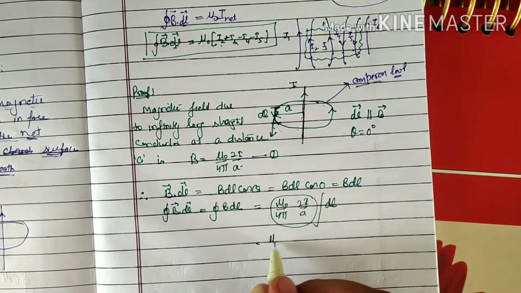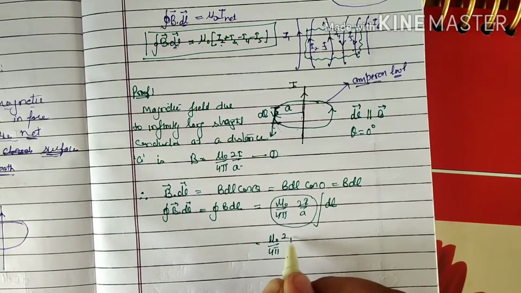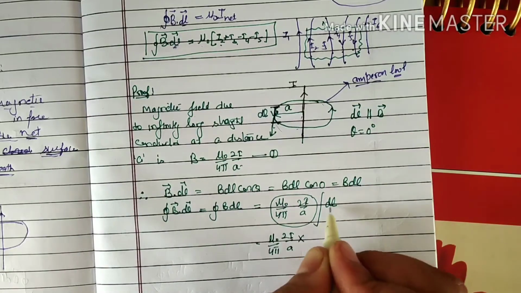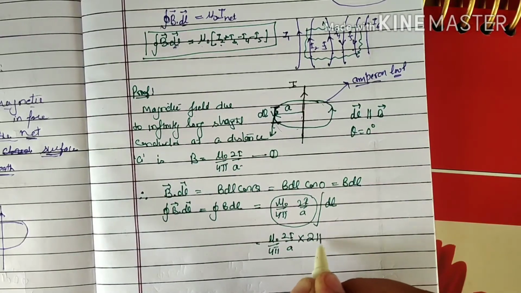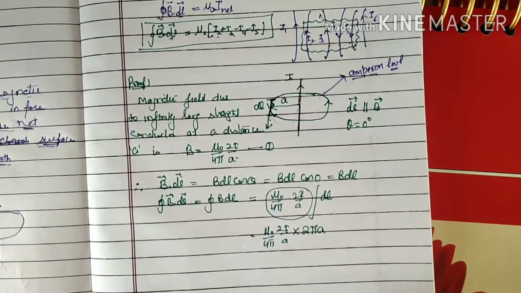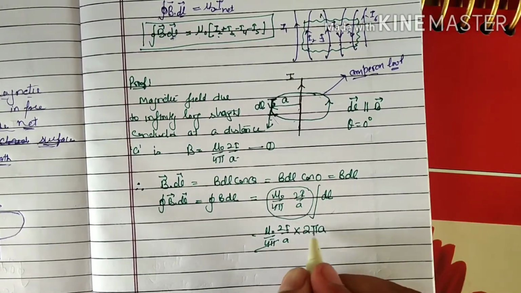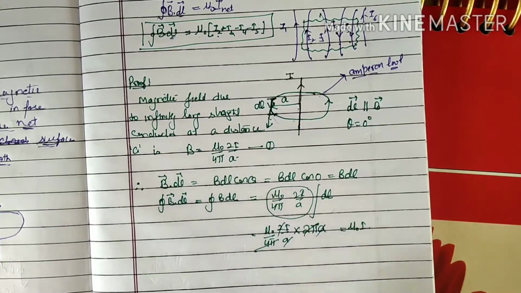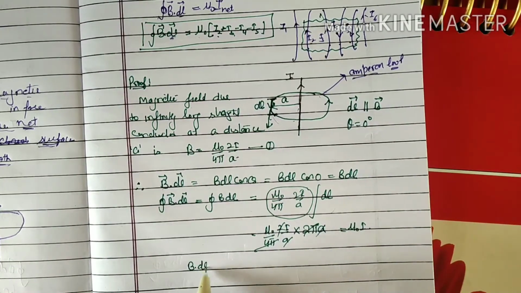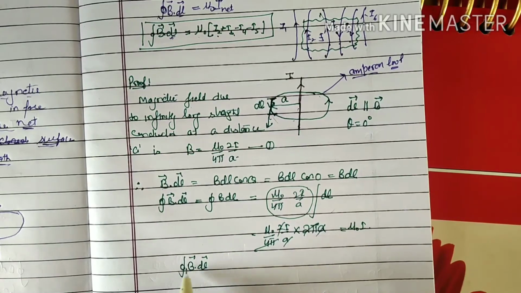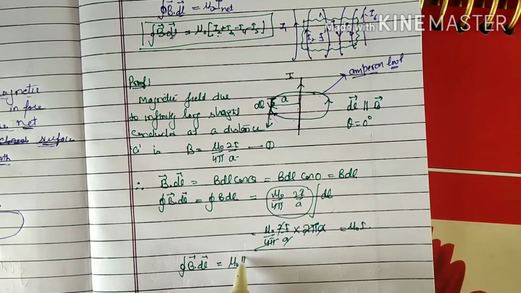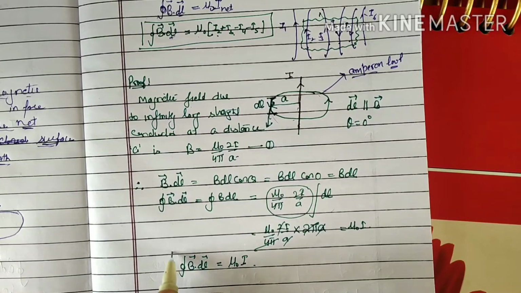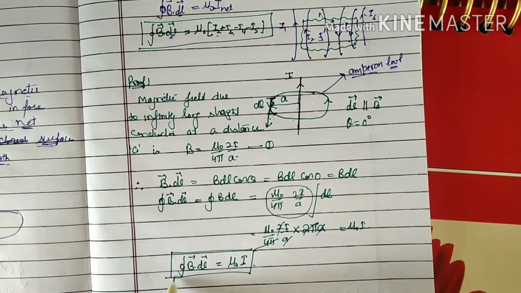This becomes mu naught upon 4 pi 2I upon a, and the integral of dl becomes the circumference of this closed loop. So this will get cancelled and we are left with mu naught I. So ∮B·dl over the closed path is equal to mu naught I. This is our Ampere's circuital law.